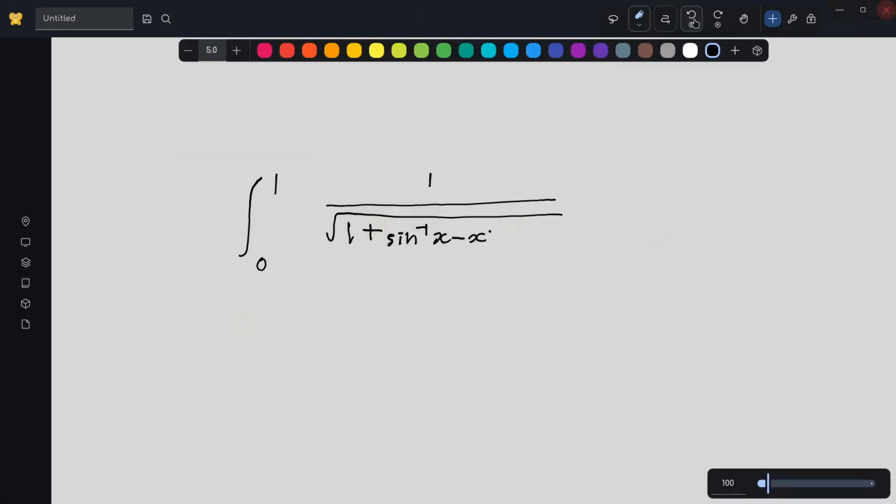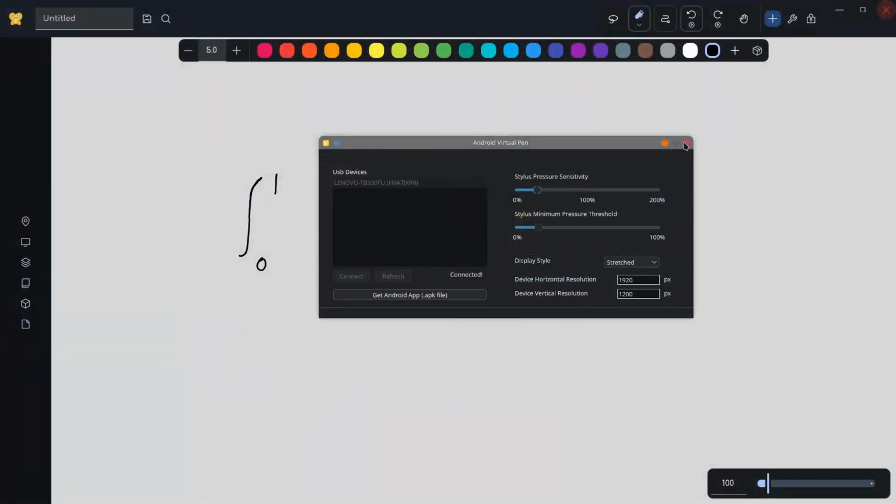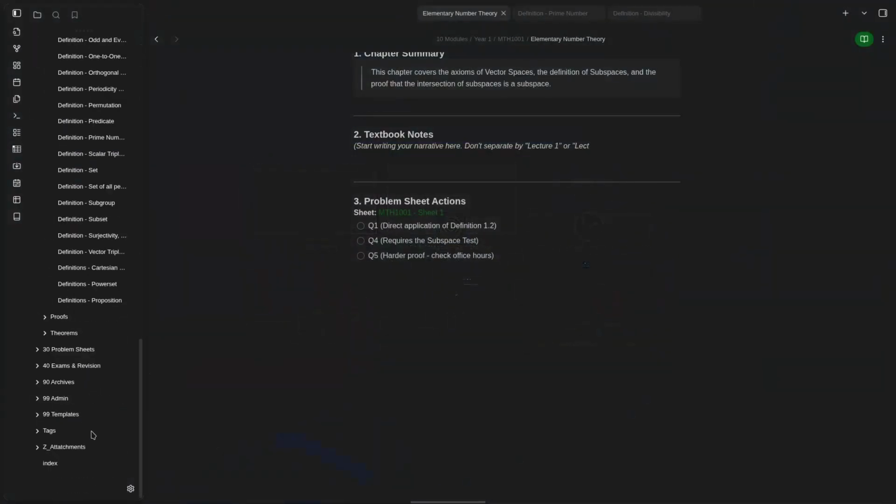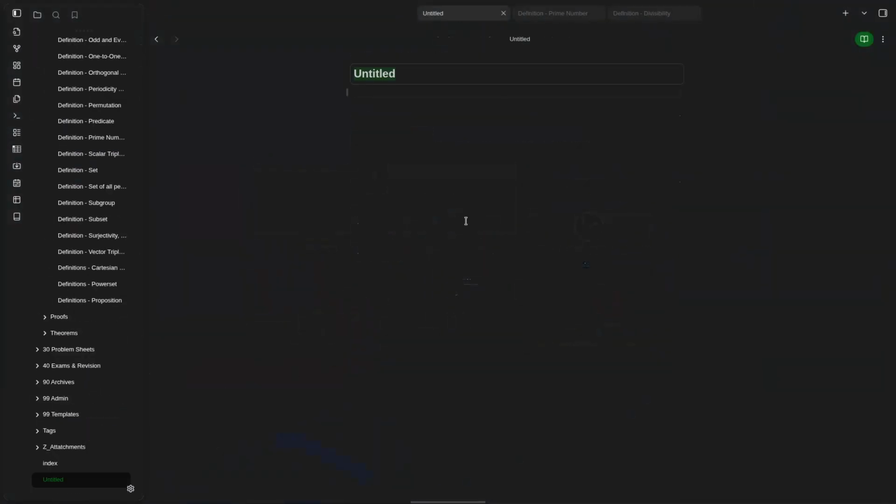You know what? New idea. What if I just didn't do that? What if I just used LaTeX, like how I've been doing for the past year, to do stuff? Give me a random Obsidian node, okay? So the integral from 0 to 1 of 1 over 1 plus x.